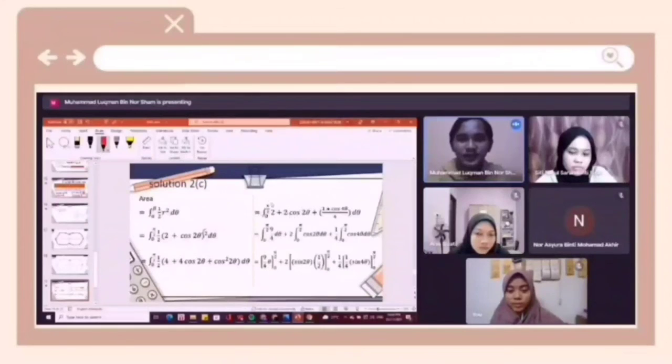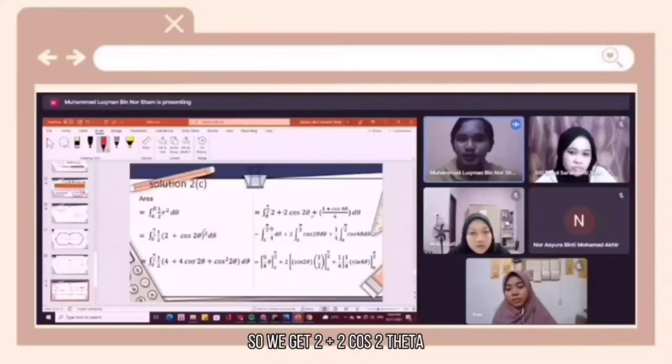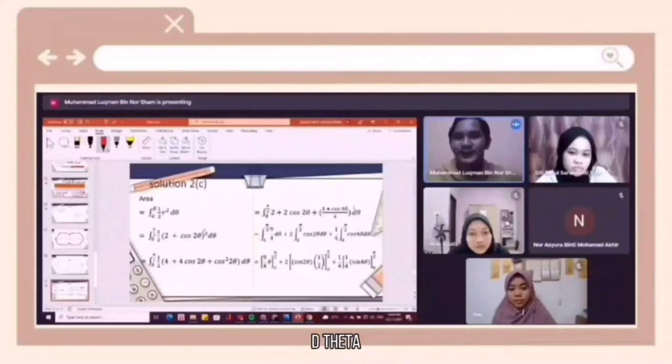Then we multiply 1 over 2 into our r here, so we get 2 plus 2 cos 2 theta plus, 1 plus cos 4 theta over 4, d theta.